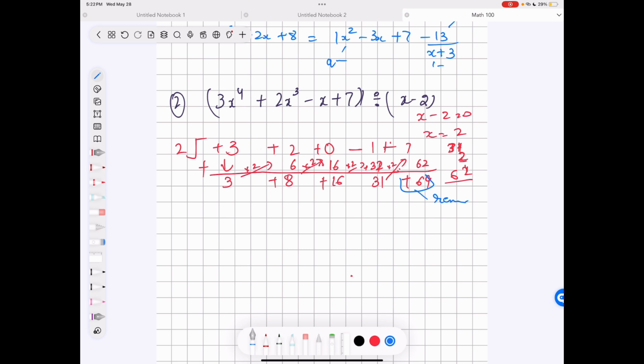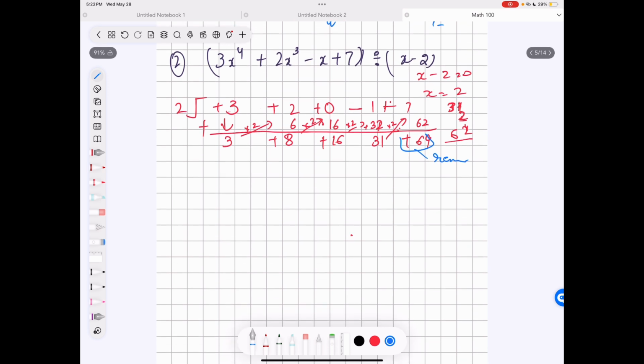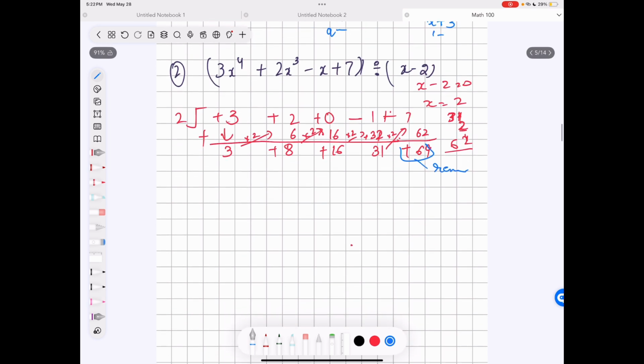And then we write this down. We bring down 1 degree, and we write the answer here.